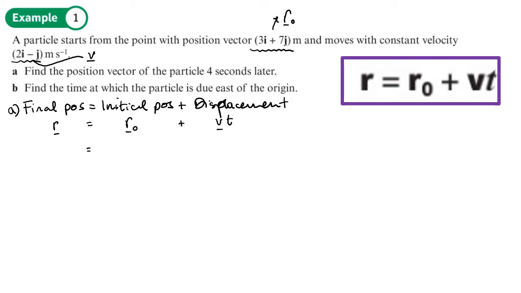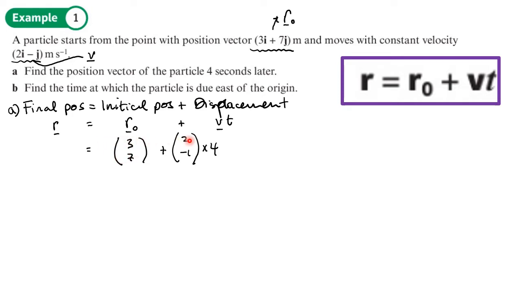So our initial position is 3, 7. I'm going to write this as a column vector, plus velocity times time. The velocity as a column vector is 2, -1, and that's going to get multiplied by 4. Now all we need to do is work that out and we get our answer.